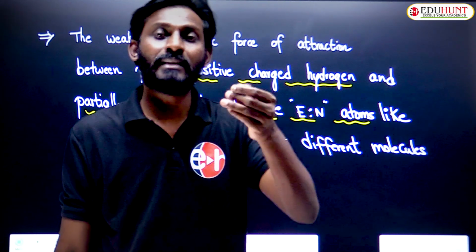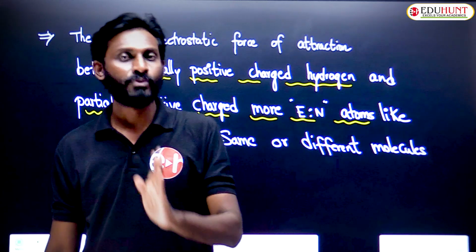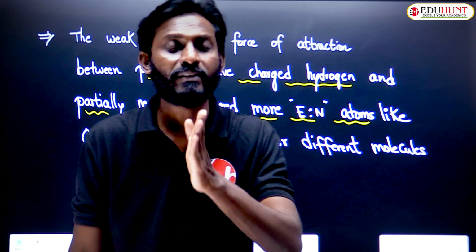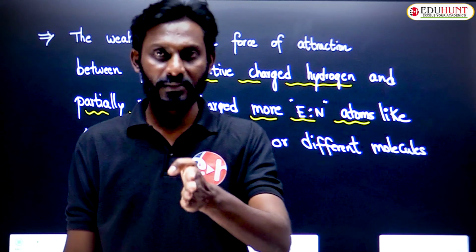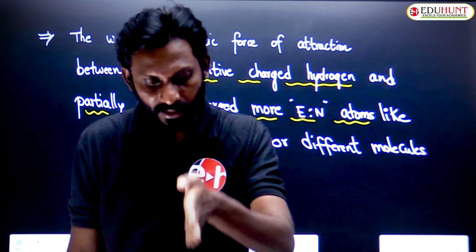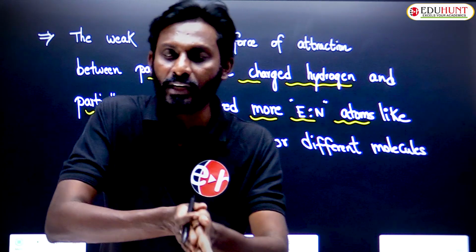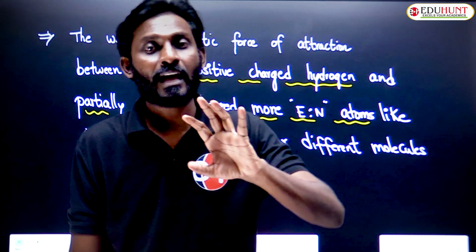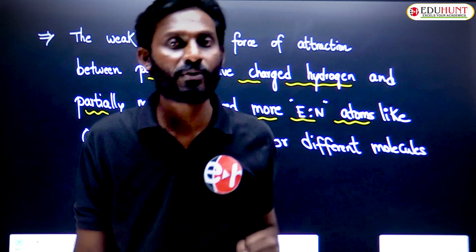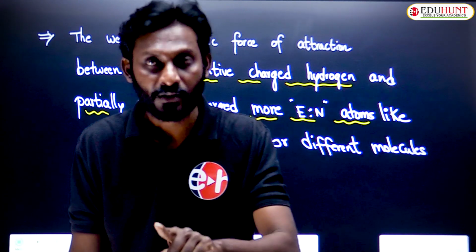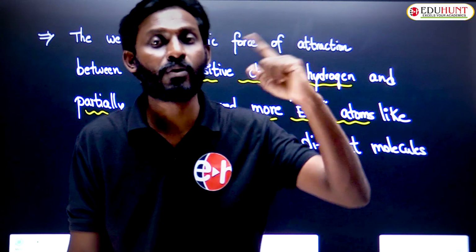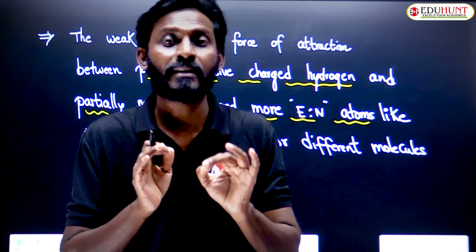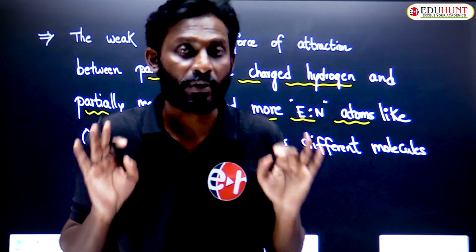You know very well, from the periodic table and chemical bonding chapters, the electronegativity of hydrogen is taken as a reference. Compared to hydrogen, we decided the electronegativity of other atoms. There are so many atoms which are more electronegative than hydrogen, but not all of them lead to hydrogen bond formation.